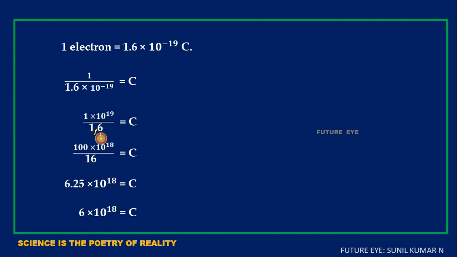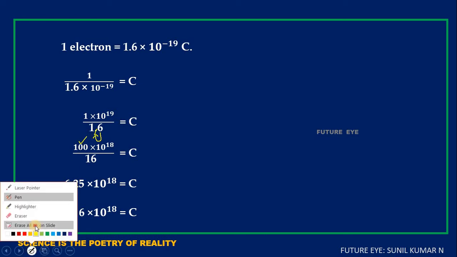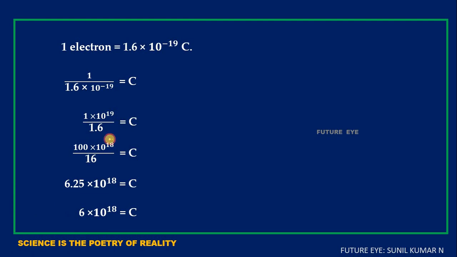In the denominator there is 1 digit behind the point here. Hence I am taking 1 zero, so 1 has become 10. 10 you cannot divide by 16. Hence here 10 to the power of 19 means 19 zeros will be there after 1. From that I am taking 1 zero, hence it has become 10 to the power of 18. So that zero I have taken here, so 10 has become 100.